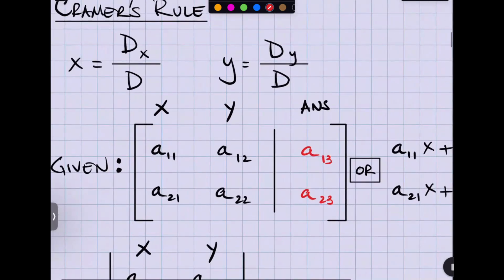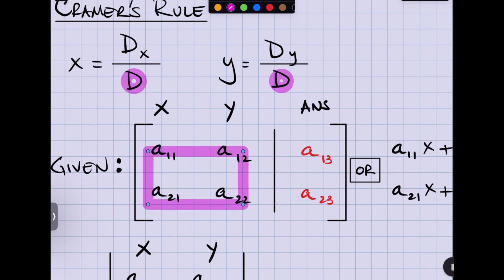So now I've got to use other colors here. To find D, we're going to use what's here. That is how you would find D. That would be my 2 by 2, and I find the determinant for that, doing the major diagonal minus the minor.